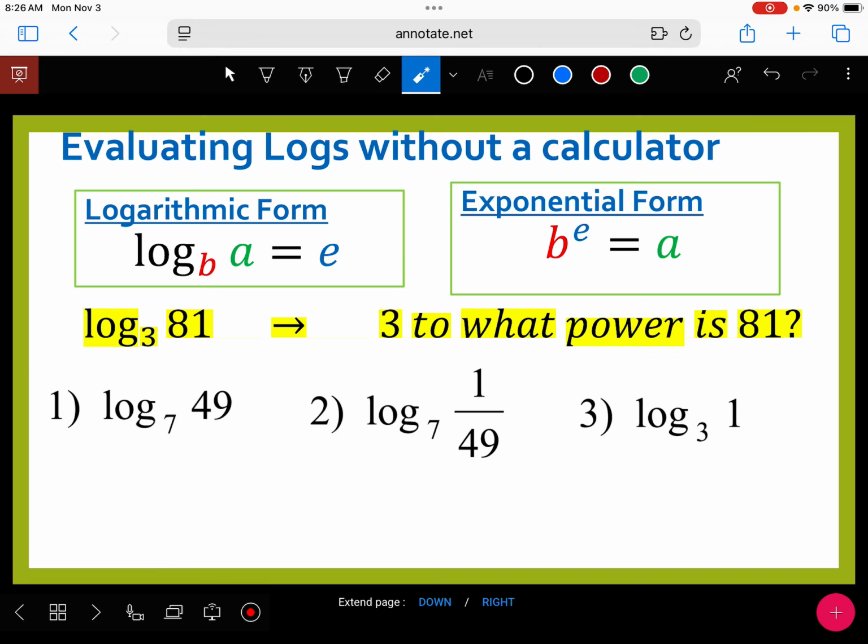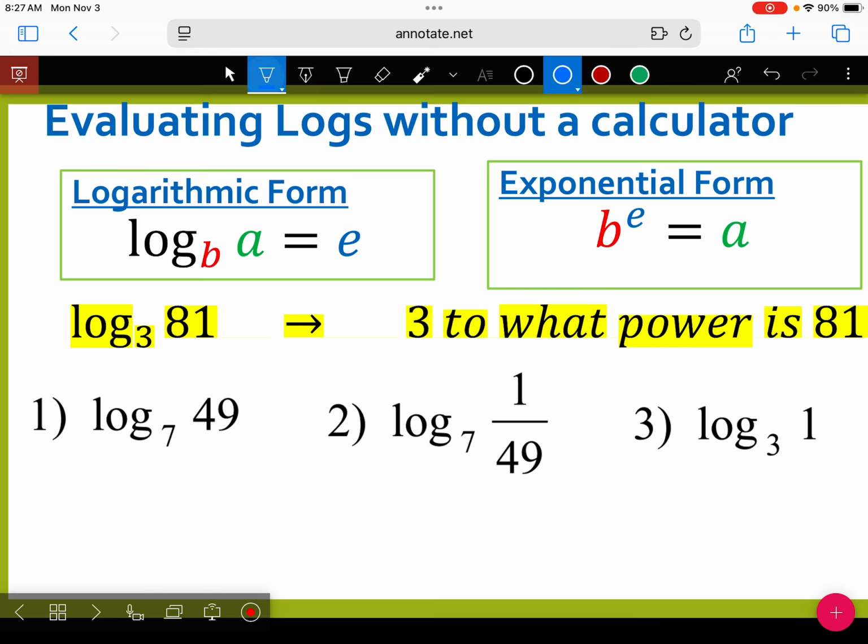Okay, so whenever you see the word evaluate, it's asking us what the exponent is. For that first one that I have highlighted in 3, the way you would read this in words is 3, because that's my base, 3 to the exponent of what equals 81.